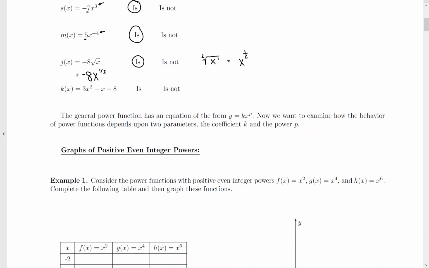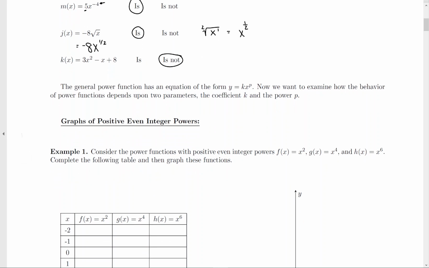In this case, this is not a power function because you have too many terms. If it had just been 3x squared, we'd have been okay with that. That would have been a power function. But because you subtracted x and added 8, you've adjusted that, and it's no longer a power function.